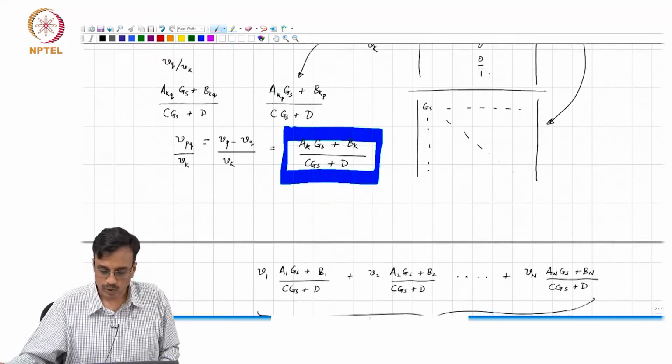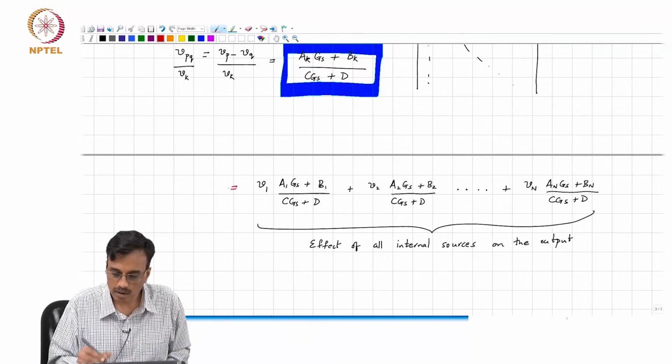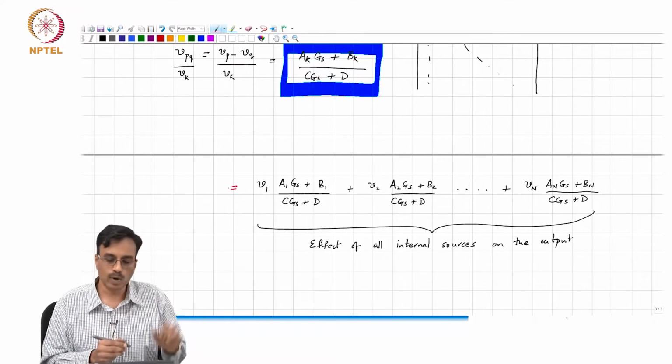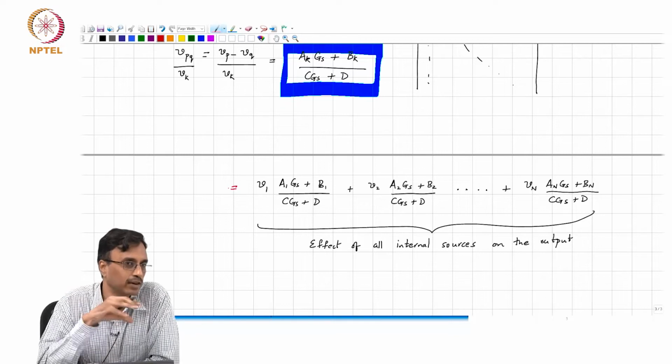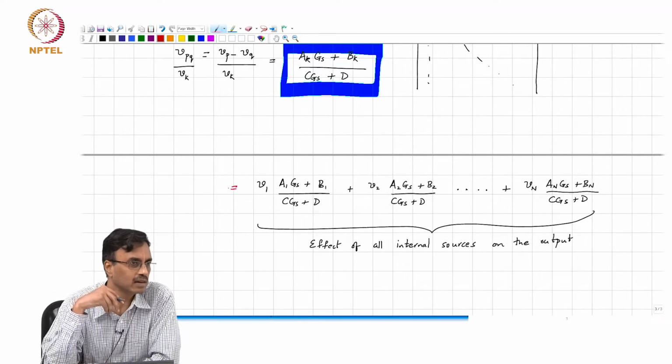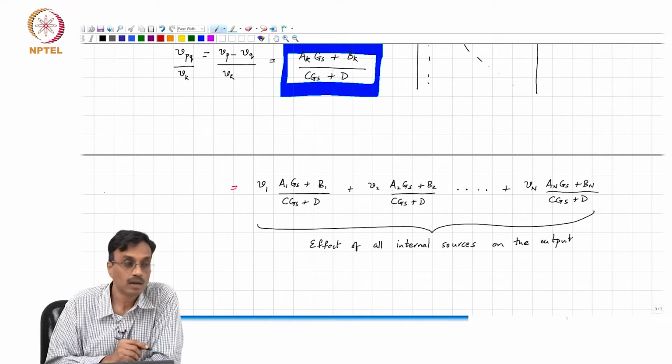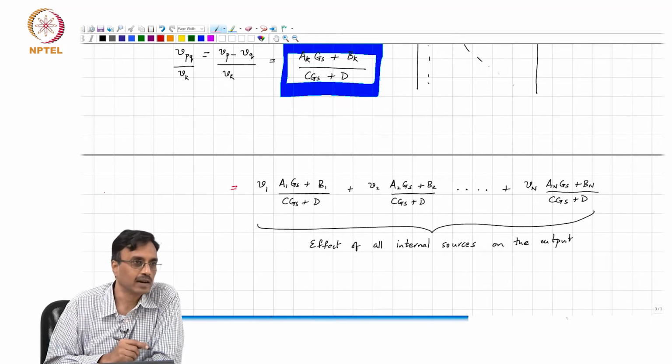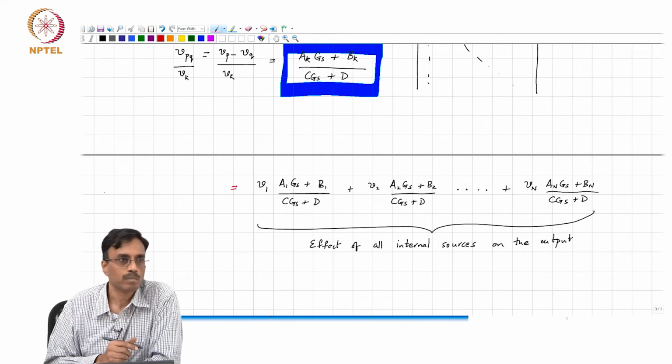All right. So with that in mind, what is the single equivalent voltage source that has the same effect as all these multiple sources inside? What should we put on the left hand side? Yes?